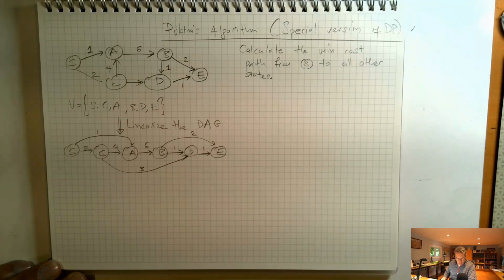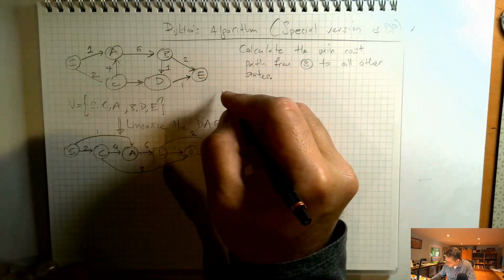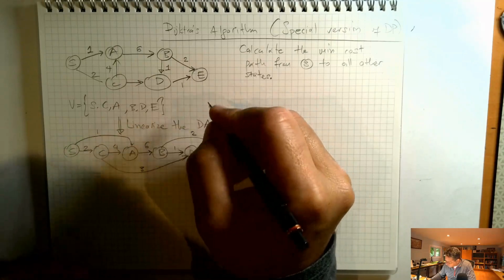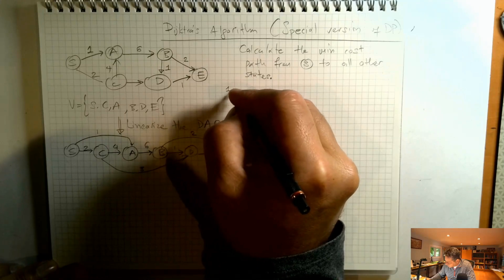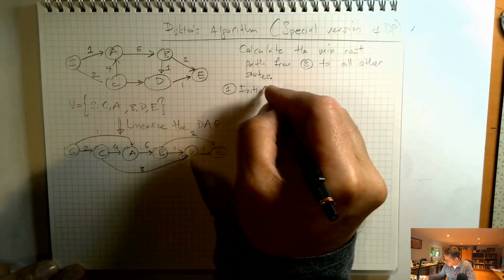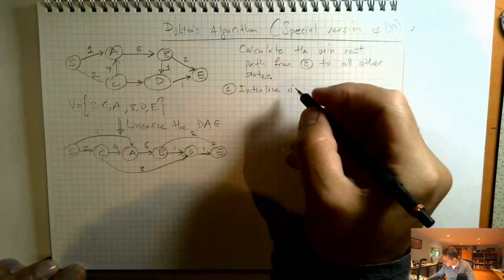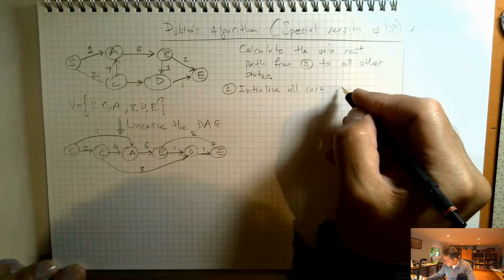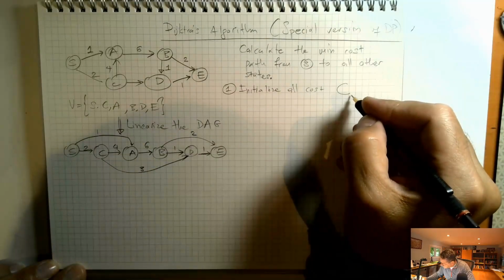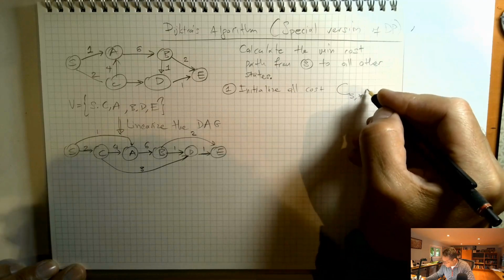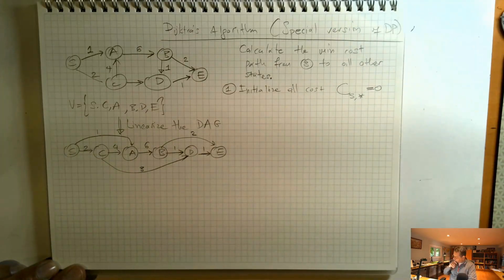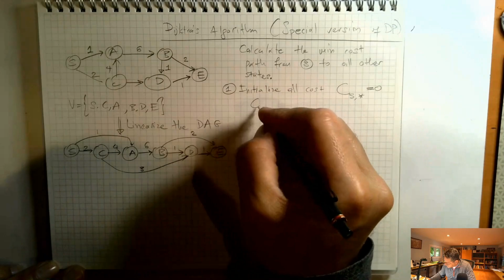We will be designating all costs with the capital C. The very first step is to initialize all costs, designated with the letter C, from state S to all other states as 0. And evidently C_SS is equal to 0.